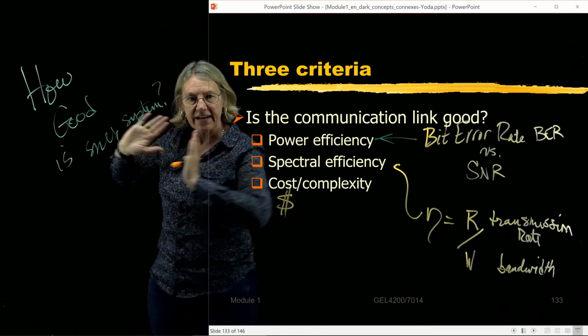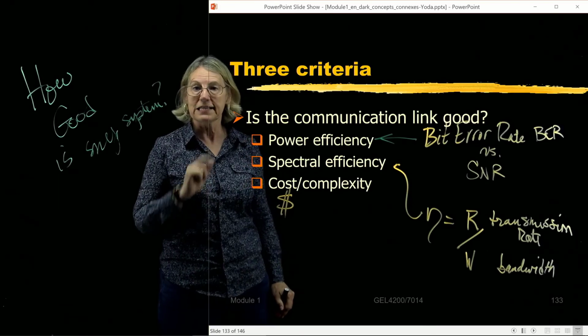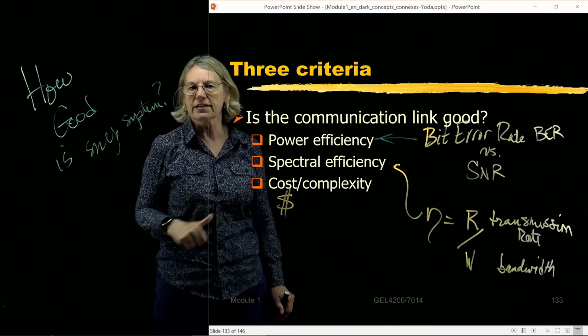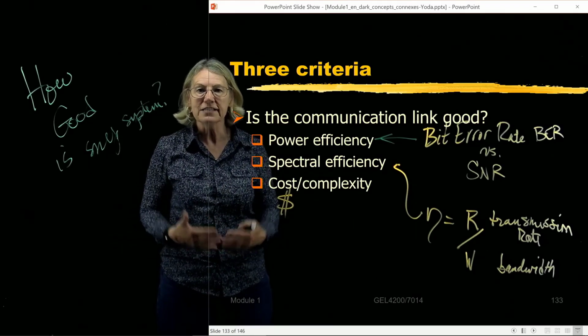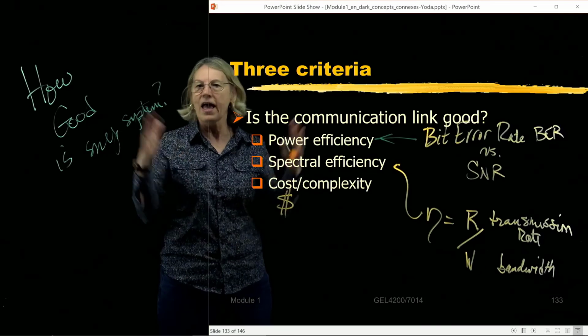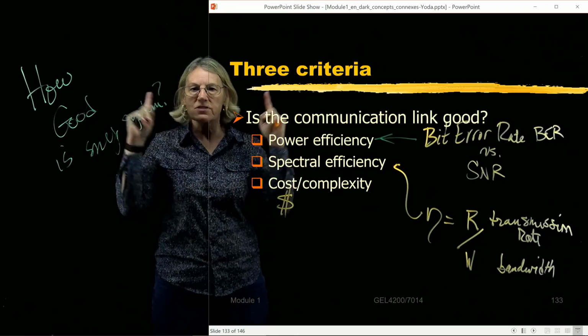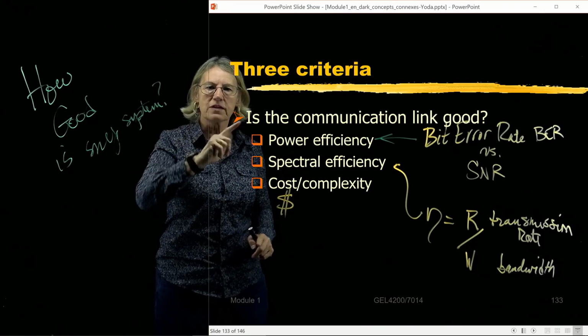Like I said, I mentioned line codes for now, it's the first time. But when we start talking about cost and complexity in this class, it's going to be about the level of digital signal processing that was required, because that means how large a VLSI circuit am I going to need to add to my communication system, and other things. But anyway, I don't want to get too far ahead of myself, but these three criteria, definitely, the rest of the class, we're always going to be talking about them.